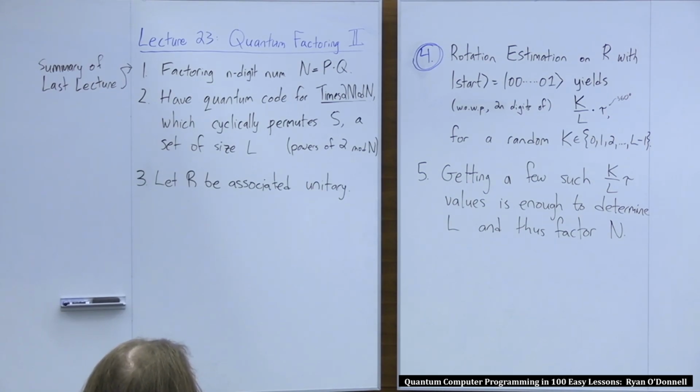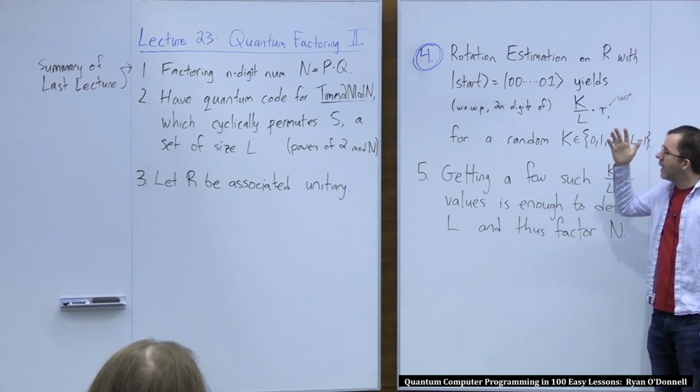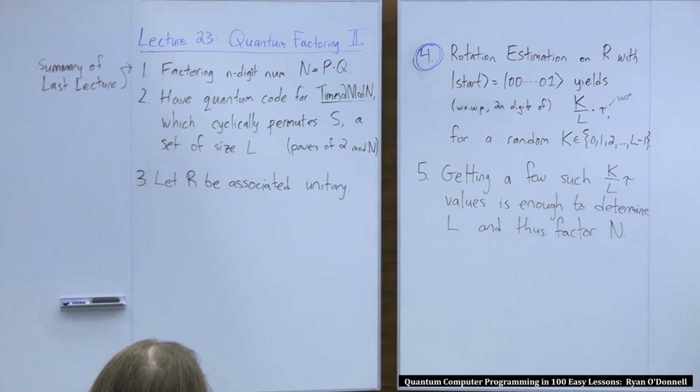Okay, so the first thing we want to do is simplify our lives a bit and pretend for this study of capital R that we're in L-dimensional space. Now, actually, we're not in L-dimensional space because, in this example, we're encoding numbers with 5 bits. So there's actually 32 possible basic states.